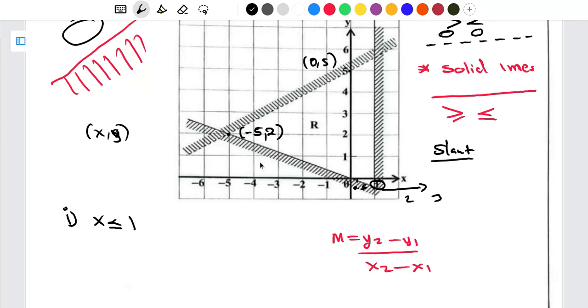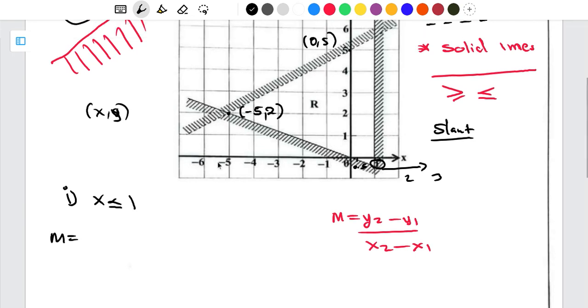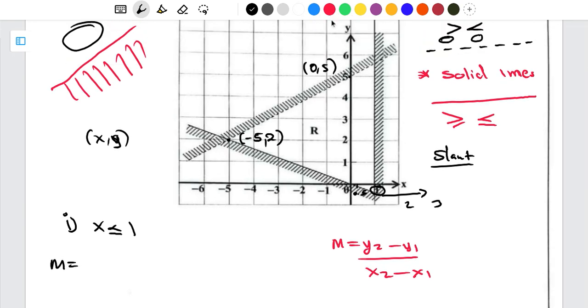So now we can find the gradient. So let's find the gradient. So gradient is going to be equal to, so we can label these numbers as our x1, y1, x2, y2.